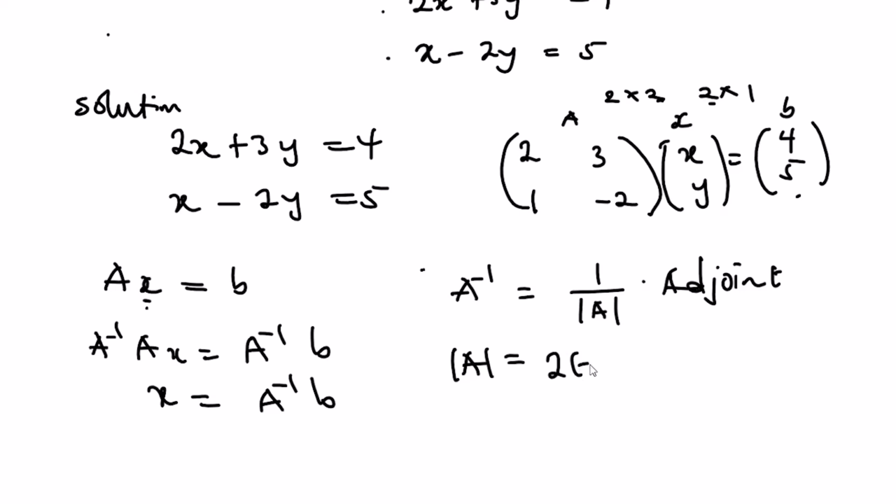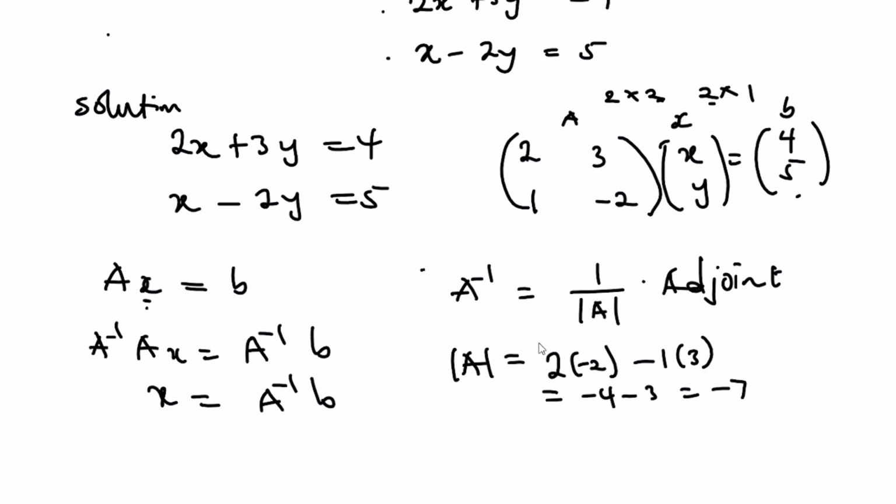This is going to be 2 times negative 2 minus 1 times 3. So you have negative 4 minus 3, then you get negative 7. And that becomes our determinant of A.